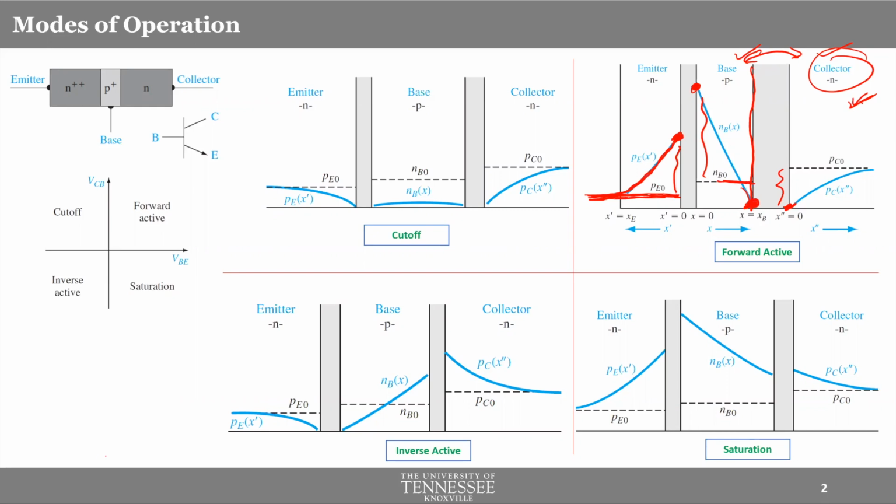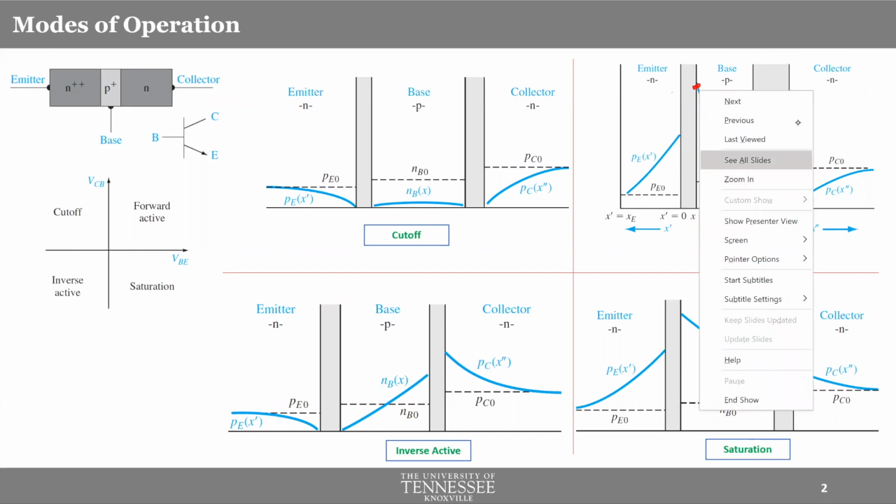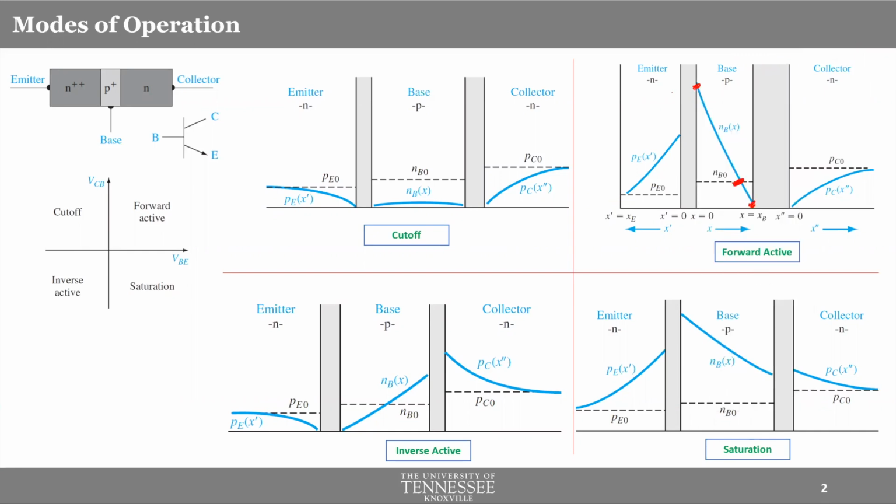The reason why you see this crossover point here is because you have forward biasing at this edge, but you have reverse biasing at that edge. The forward bias will try to keep this concentration above or at least equal to the thermal equilibrium.